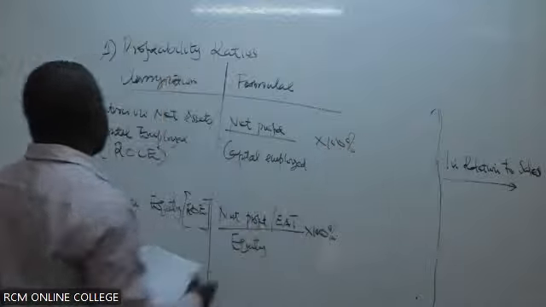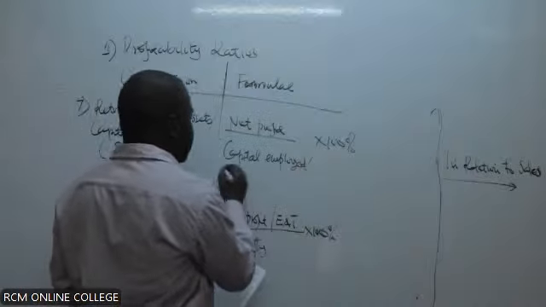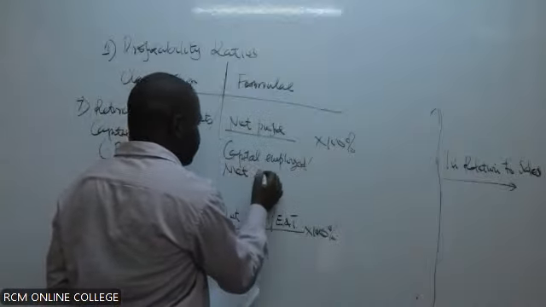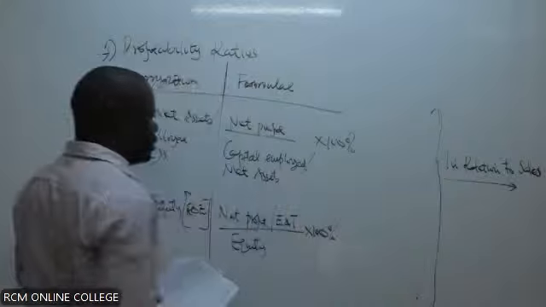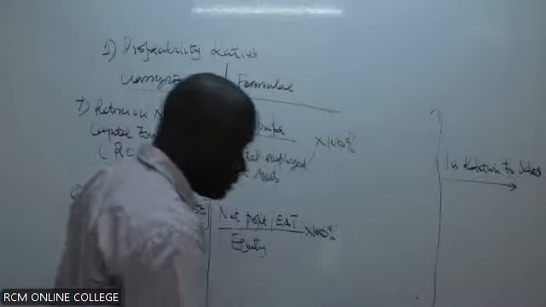This capital employed is what you're having to call net assets. So you can say capital employed or the net assets. Take note that in this case, you can write an NB down there.